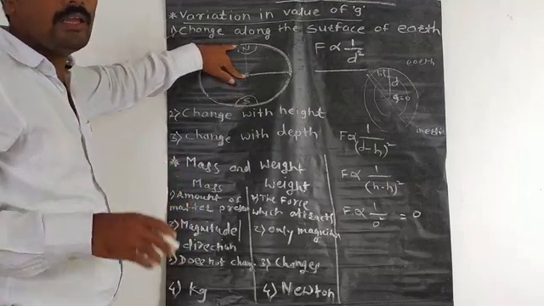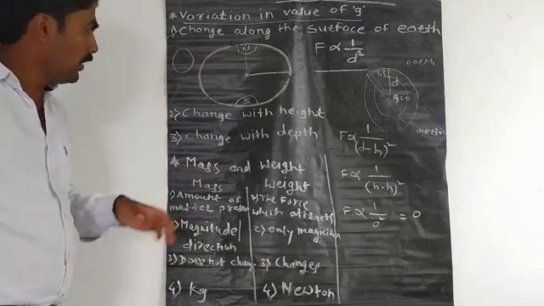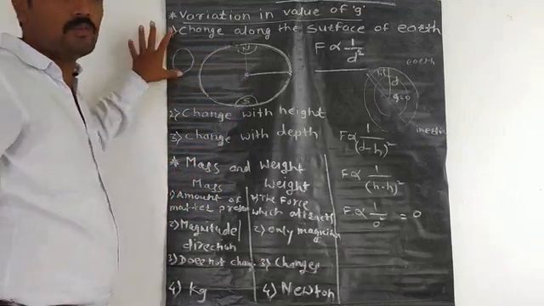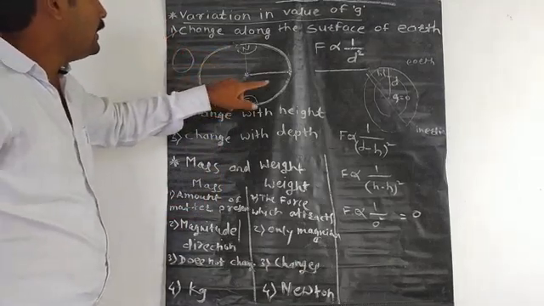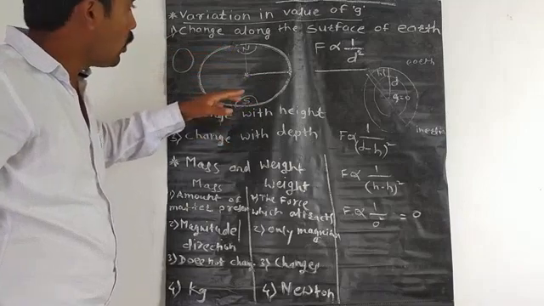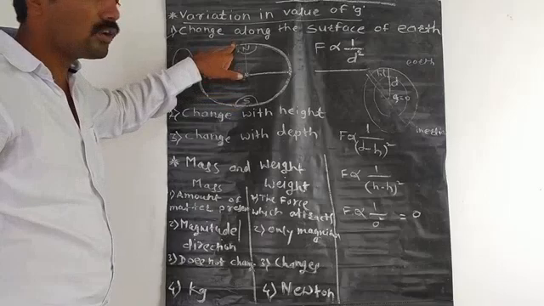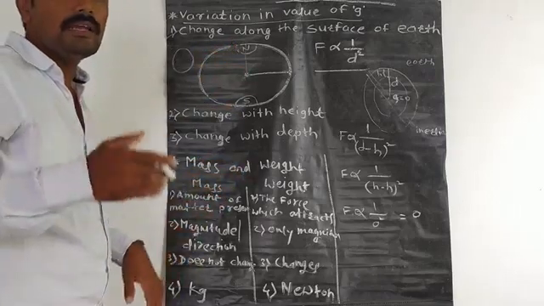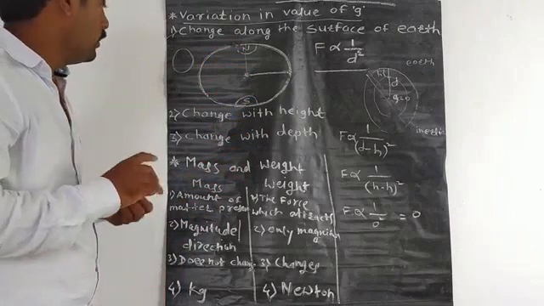Now come to the next point. Understand? तुम्हाला समजला पहिला टॉपिक, परत एक वेळेस एक्सप्लेन करतो. The gravity will be maximum on north pole and south pole because the distance between the center of the earth and the north pole is minimum.